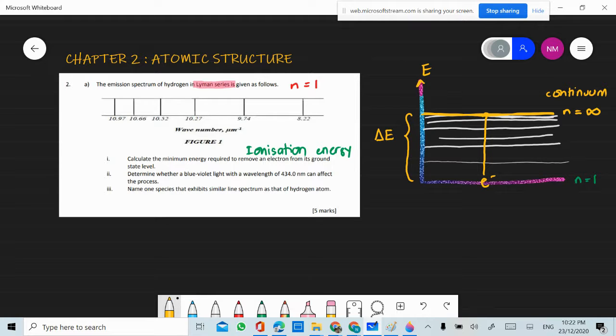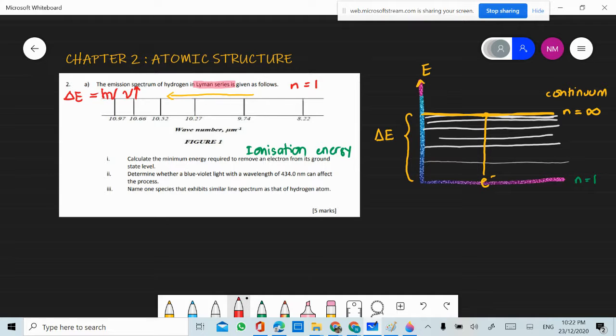As we can see here, the lines become closer to the left, which means the frequency increases in this direction. If we relate frequency to the difference in energy, I think you can recall by now that delta E equals h nu, which is the frequency.